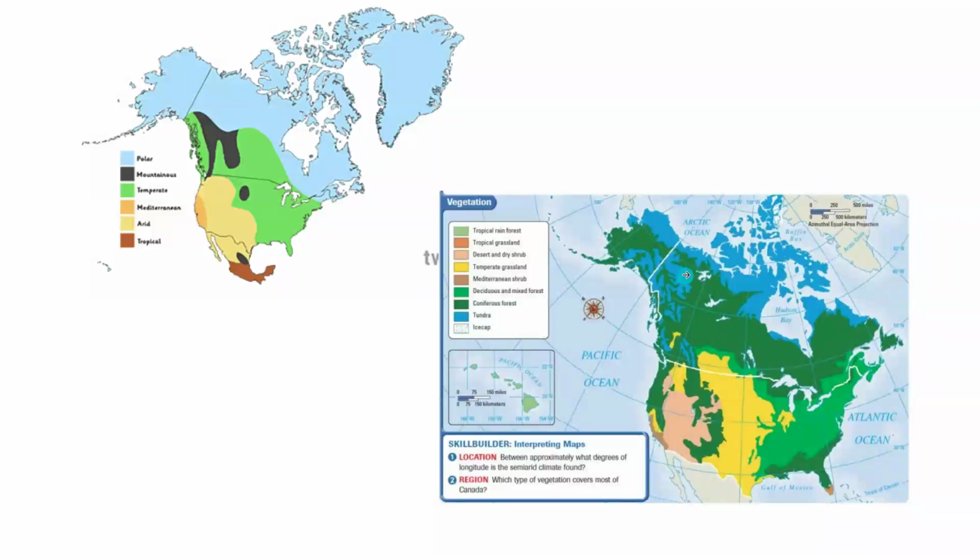Then tundra region, blue color, vegetation will be very less. Why? Because in cold season, agriculture is not possible. But now, due to technological changes, they are trying to cultivate some of the lands in this region, not exactly in the north.